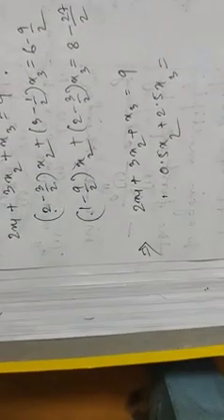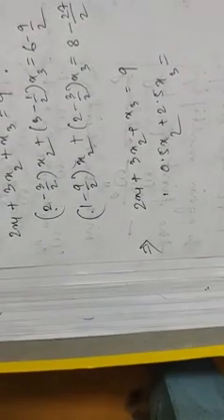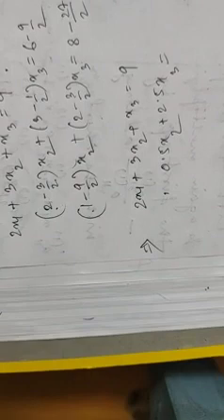Now simplify it. The first equation will be the same. 2 minus 3 by 2 is 0.5, so 0.5 x2. 3 minus half is 2.5. And 6 minus 9 by 2 is 1.5.